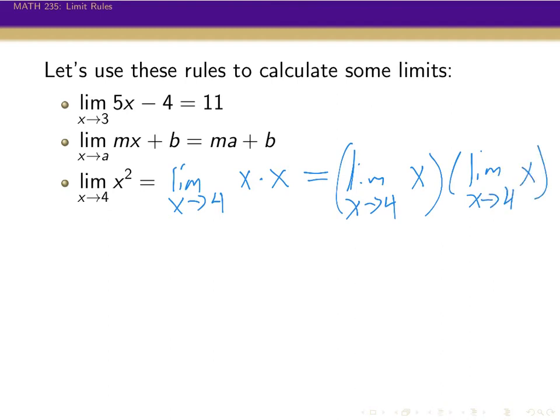We've worked out what these both have to be individually. They're both going to have to be 4. And so the answer at the end is 4 times 4, which is 16. So what's the limit of x squared as x goes to 4? Well, really, at the end, we can just plug that 4 in, square it, and pop out 16.